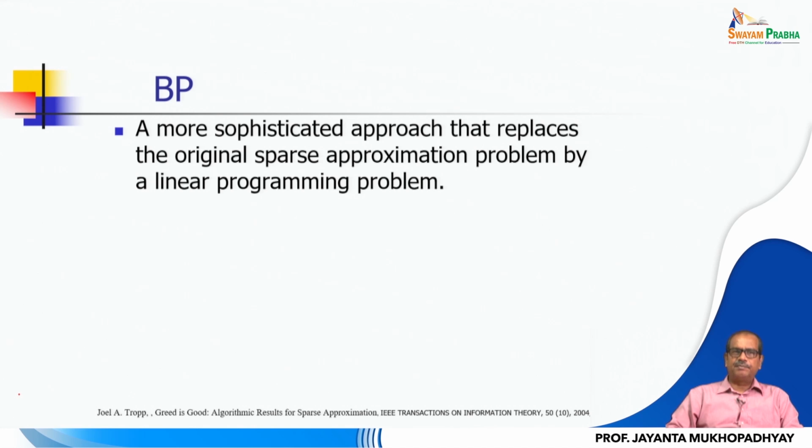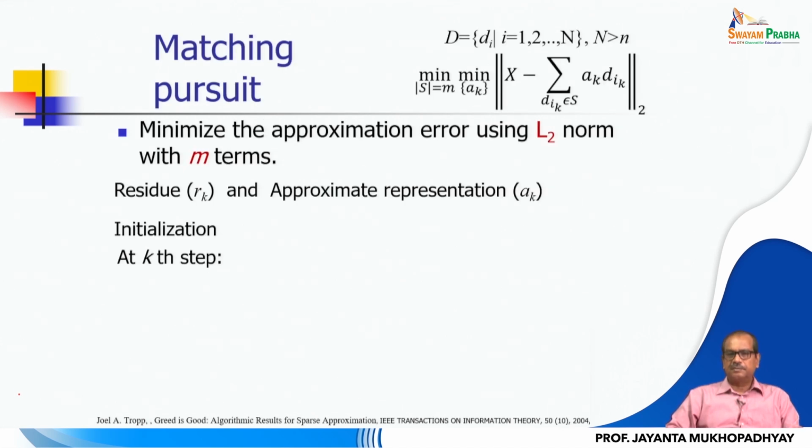Now, the basis pursuit algorithm is a bit more sophisticated approach. It replaces the original approximation problem with a linear programming problem. We will come back to define the problem. Let me first explain the matching pursuit algorithm, what I just discussed previously.